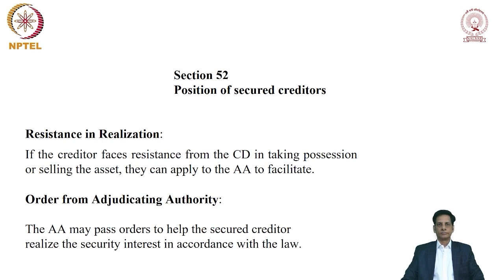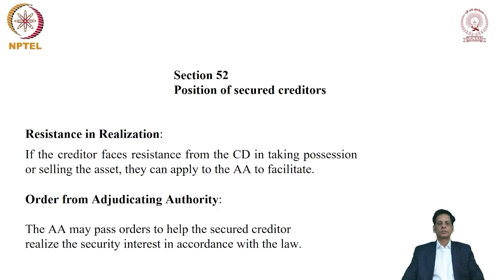Resistance in realization. Let's say if the secured creditor wants to walk away with an asset and realize by himself, and somebody is causing trouble or is actually putting resistance for the process of realization, then such creditor can actually apply to the adjudicating authority to facilitate the realization of his own asset, in which case AA will actually interfere and ensure that your sale and realization process is smooth.